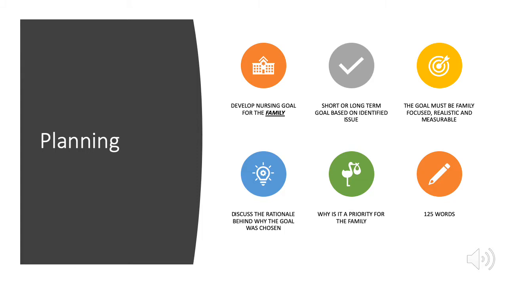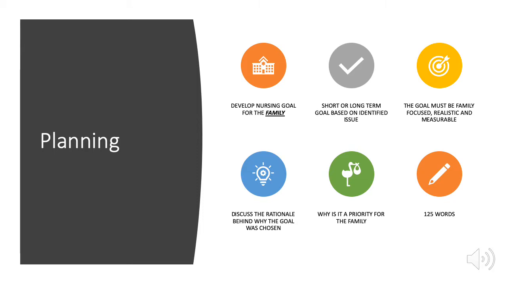Now, what we're also wanting you to do is discuss the rationale or the reason behind why that goal was chosen. Now, this is something that wasn't done very well in the genogram assignment. People didn't seem to understand what the word rationale meant.